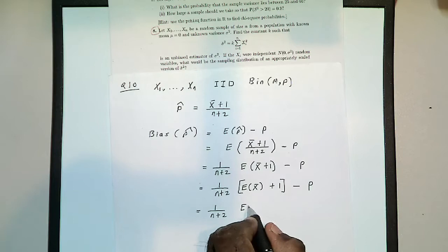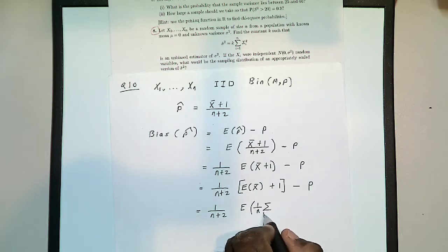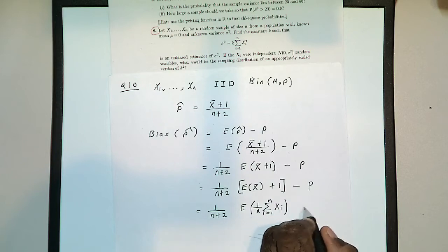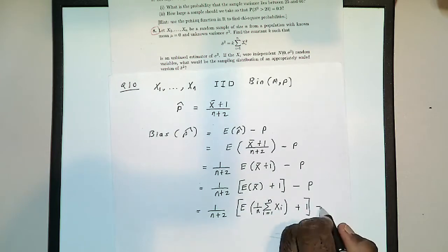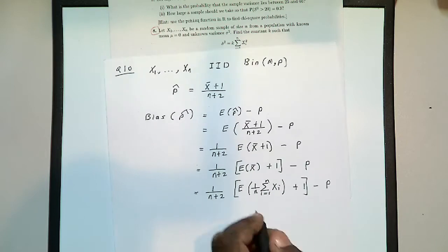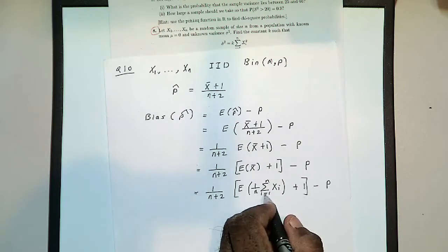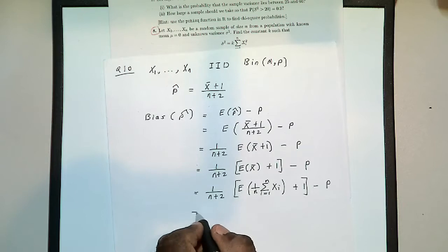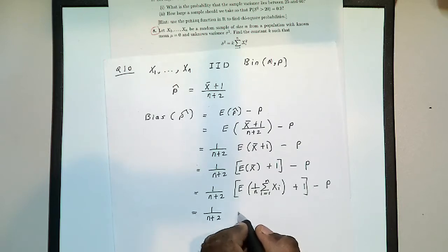So this is the expectation of 1 over n times the sum of xi plus 1 outside, minus p. Now take the expectation inside the brackets, you get 1 over n.